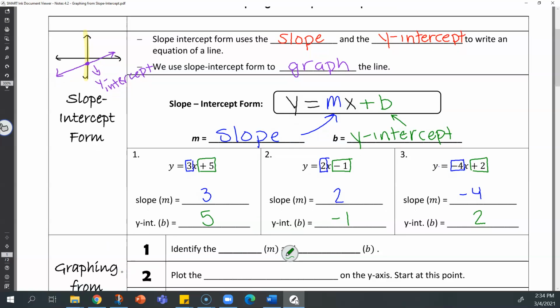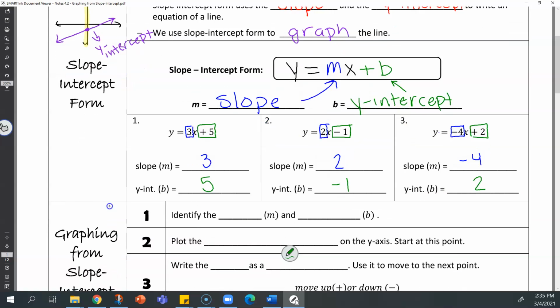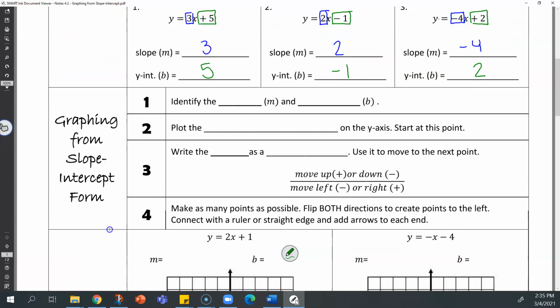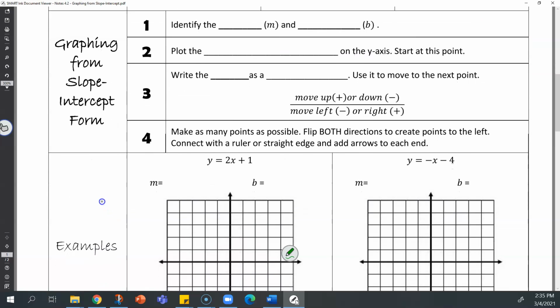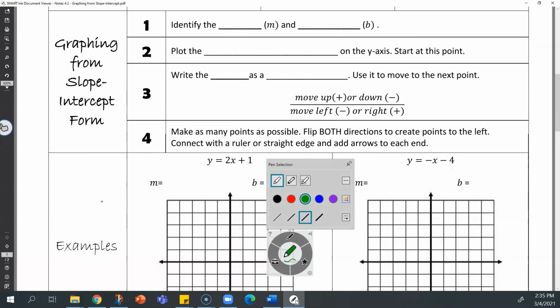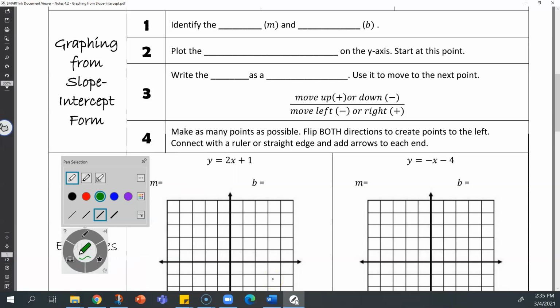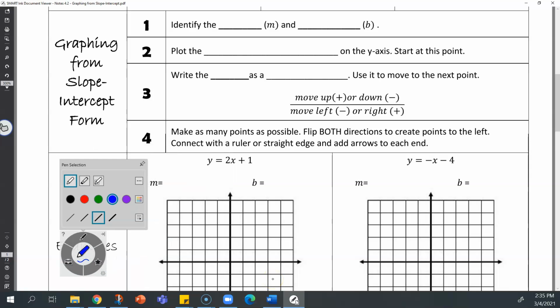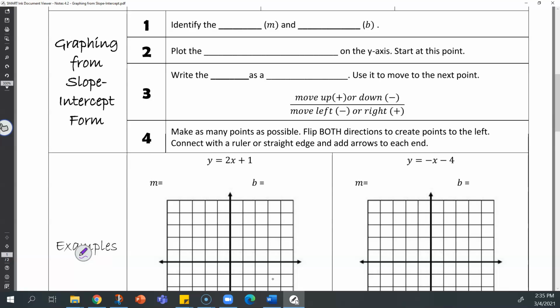Once we have identified the slope and the y-intercept, we're going to use those two values to help us graph this equation. When I'm looking to graph an equation from slope-intercept form, the first thing I'm going to look for is to see if y is alone. Remember that slope-intercept form is y equals mx plus b.